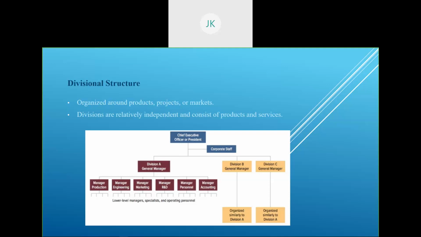For example, Ford, GM, Hyundai, Toyota, they produce trucks, passenger cars, SUVs, and so on. So based on the product, they make different divisions, and then each division has a functional structure too, like this. This is divisional structure.